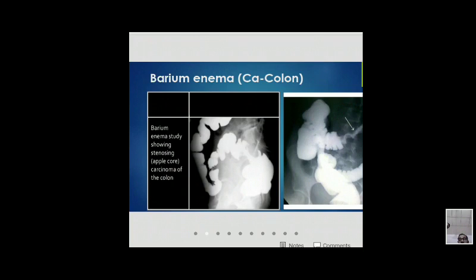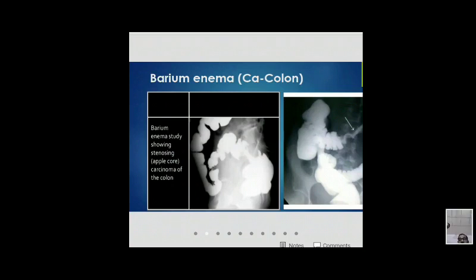But regarding colonic malignancy, either right colon or left colon, there are some typical features. What are the presentations of right-sided colonic carcinoma? Unexplained anemia, most important. Number two, it may present with a lump in the right iliac fossa.